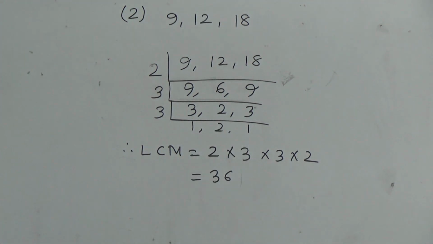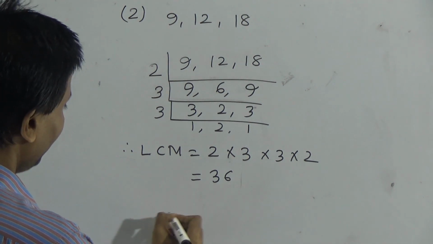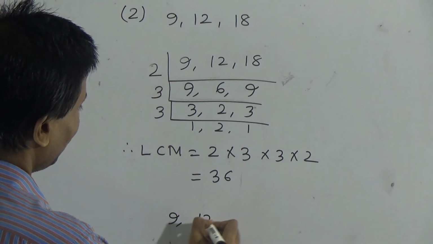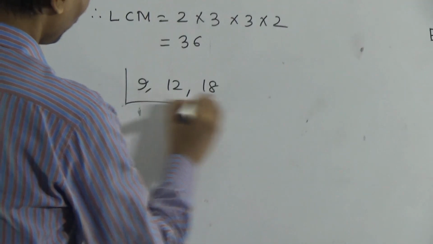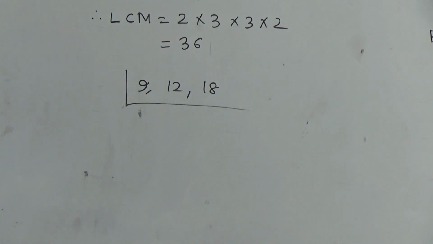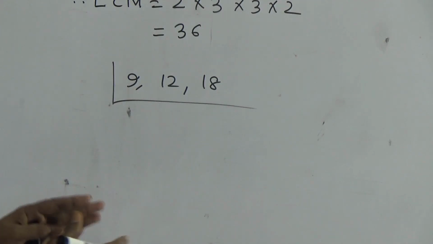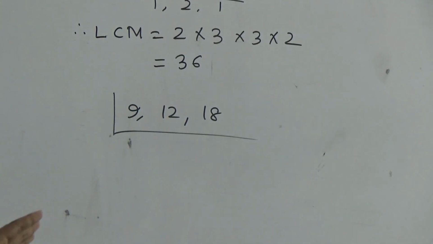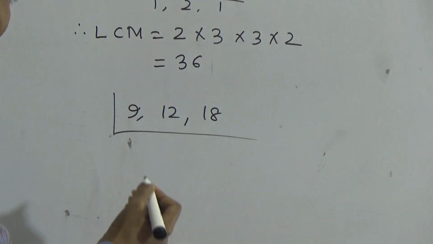Now I want to determine HCF of 9, 12, 18. For determining HCF, we select a prime number so that all the numbers are divisible by it.